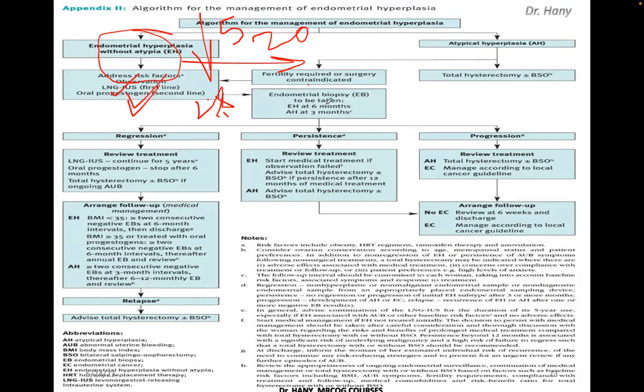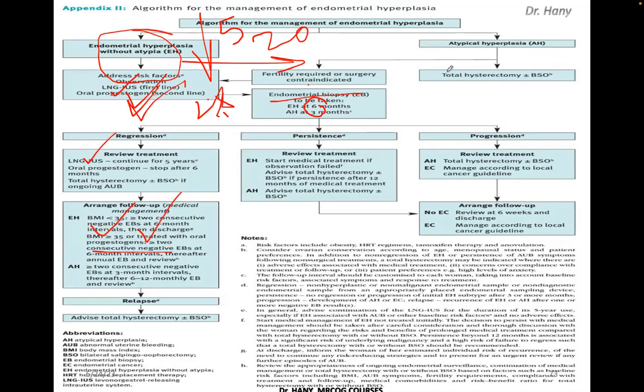Individualize the treatment, and I follow the patient by pipelle, not hysteroscopy. Endometrial biopsy every 6 months. If it is negative, 2 consecutive negatives, discharge. If the patient was treated by Mirena and has a low BMI, discharge. But if treated by progesterone or high BMI, any of these, I will continue annually thereafter.